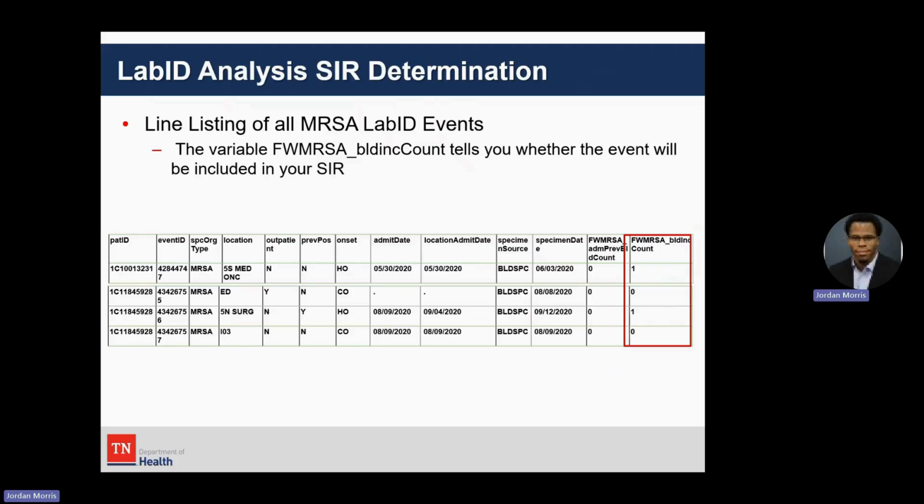The culture was collected on day 5 of the admission, so it will be a healthcare onset and will be counted in your SIR. As you can see, the 1. Patient 2, on the other hand, has 0, so it will not be counted in your SIR.